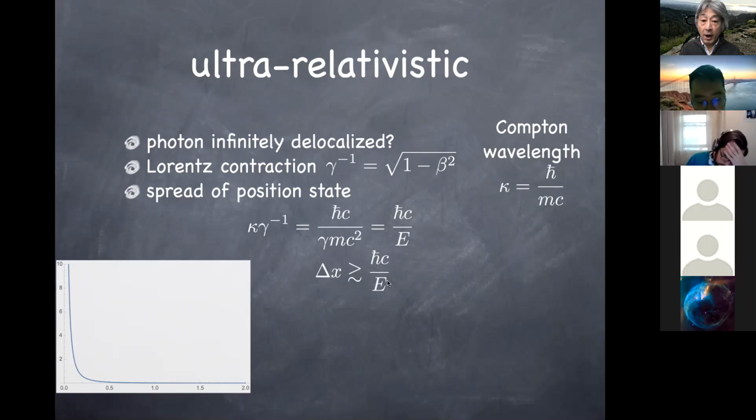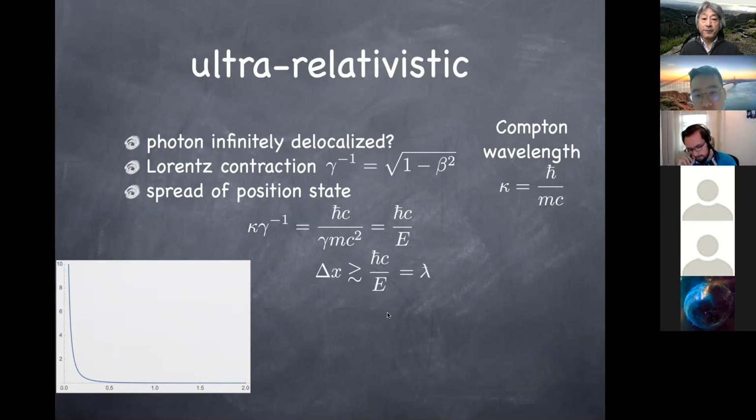Arguing this way may sound miraculous, but if you look at this expression of h bar c over E, c over E is 1 over the momentum of the photon, and h bar over E is the wavelength over 2 pi.